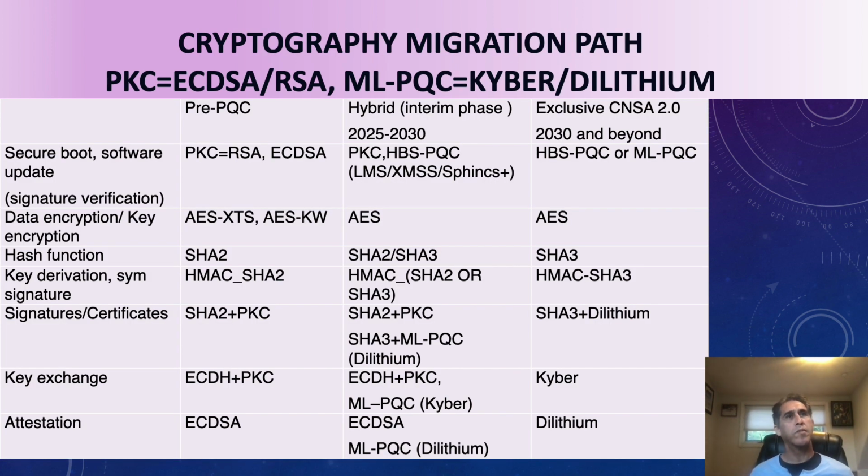So here I try to summarize a sort of migration path. Obviously, it's very hard to just jump, and people have done RSA for 30 or 40 years now, and elliptic curve cryptography. And by the way, I call this public key cryptography, PKC, in all of these slides. So if you see PKC, it's either RSA or ECDSA or ECDH. Basically now, you have done this for so many years.